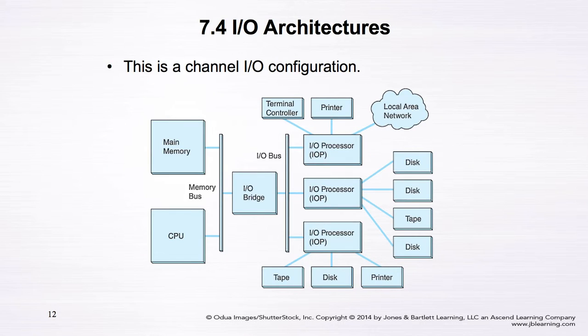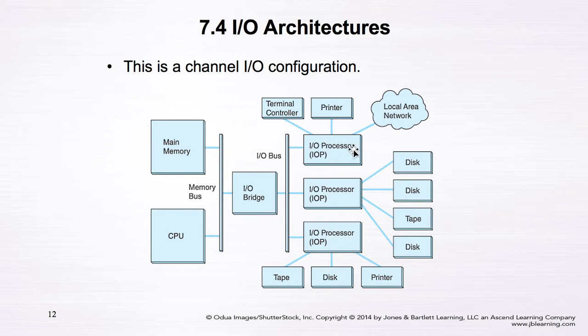Here is the configuration diagram of the channel I/O. You can see that the main memory and CPU right here have the memory bus, and that connects to the I/O bridge, and from there we have the I/O bus that has multiple I/O processors for different devices.